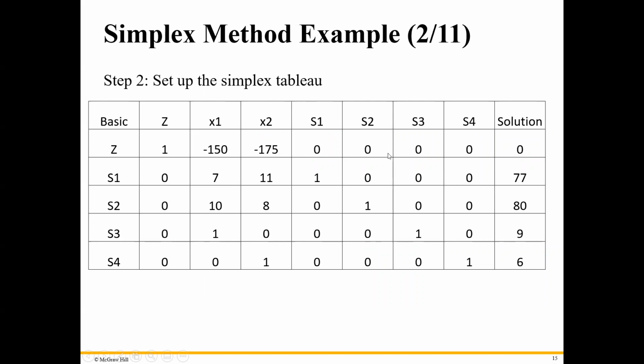Although it is a table, we call it a tableau. Can you visualize how we have arranged this information? In this table, we have listed all the variables we are using: Z, X1, X2, and S1, S2, S3, and S4.